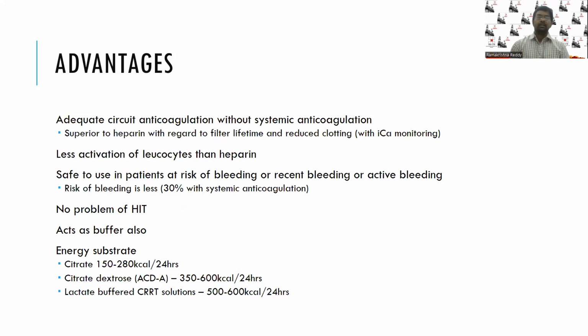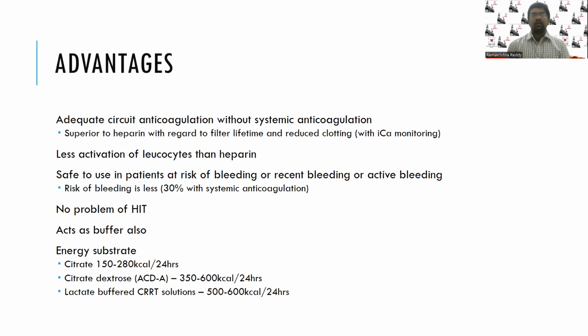The advantages of citrate anticoagulation: you can achieve anticoagulation within the circuit, thereby avoiding systemic effects. If you compare with heparin, the anticoagulant effect of citrate is superior, the filter lifespan is longer with citrate compared to heparin, and the activation of leukocytes or inflammation is less with citrate than heparin.